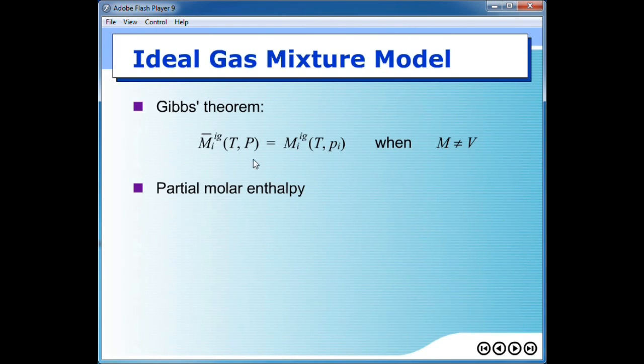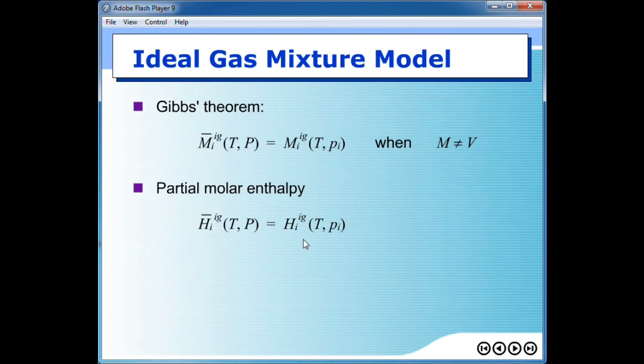Now, we have to apply the theorem to partial molar enthalpy. Like so, we just change property M to enthalpy. So we can calculate the partial molar enthalpy of i in the mixture based on the molar enthalpy of pure i at a different pressure.